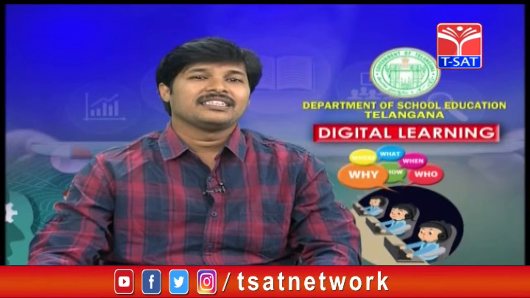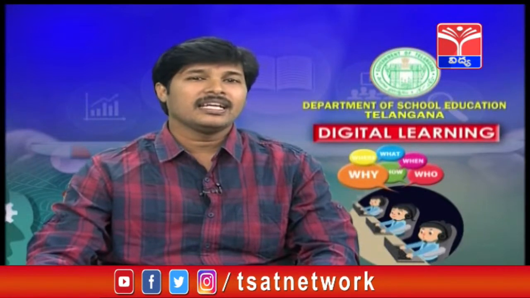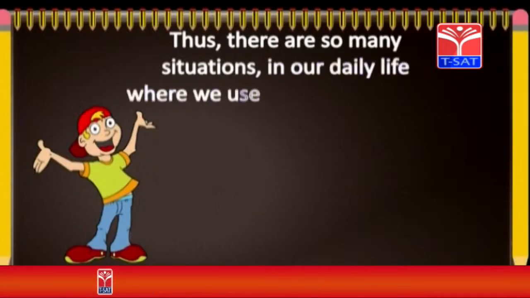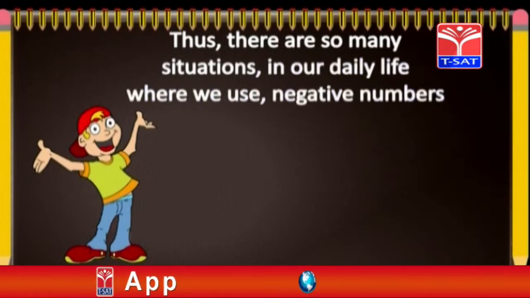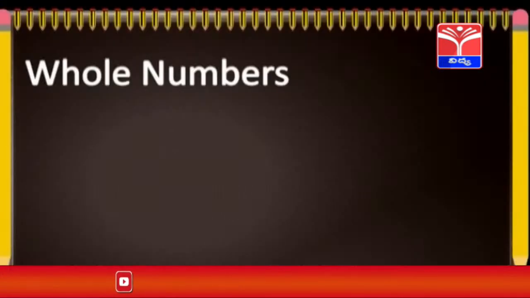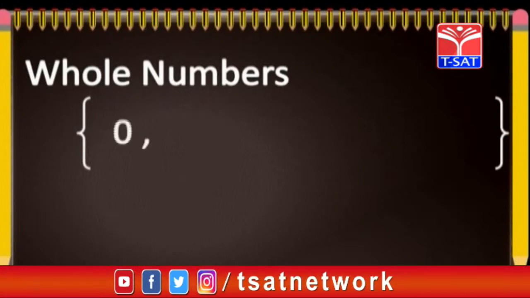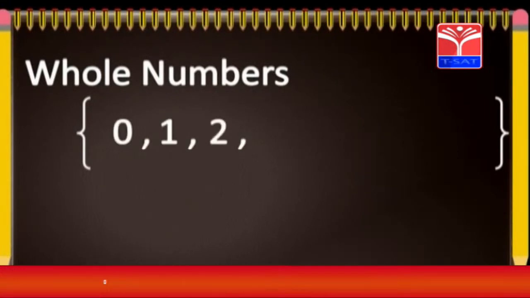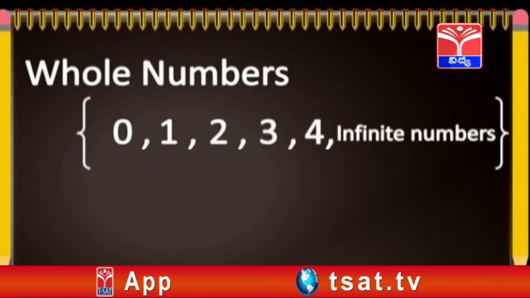Thus, there are so many daily life situations where we use negative numbers. And now let's see whole numbers that you have already learned in your previous classes. Whole numbers is a collection of 0, 1, 2, 3, 4 up to infinite numbers.